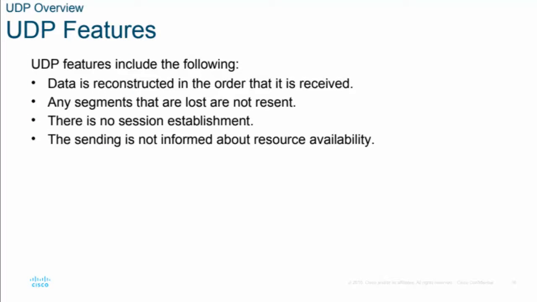UDP, on the other side: data is reconstructed in the order that it is received. Any segments that are lost are not resent. There is no session establishment. The sender is not informed about resource availability. So I'm just sending. I don't know what's the case at the receiver.